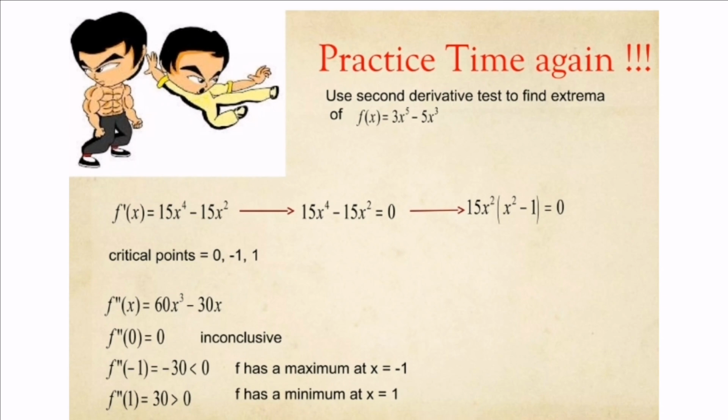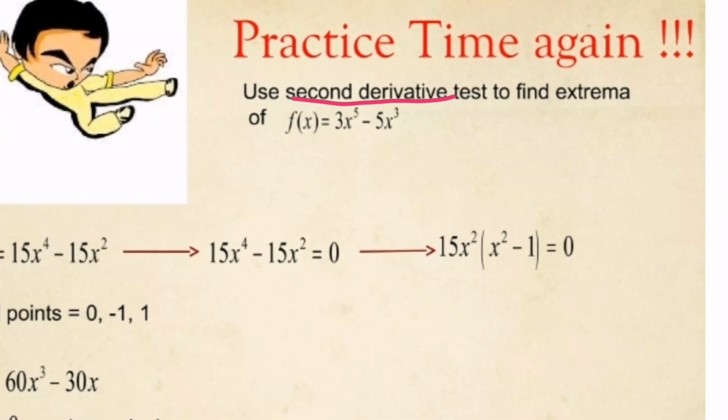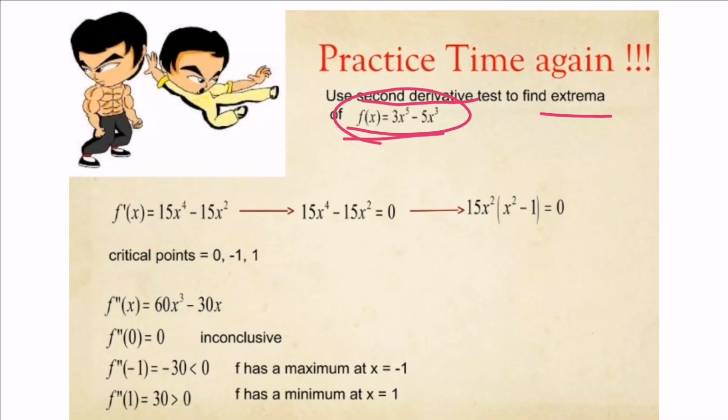Now we want to discuss a further practice problem. The statement of this problem is: use the second derivative test to find extrema of f of x is equal to 3x power 5 minus 5x power 3.